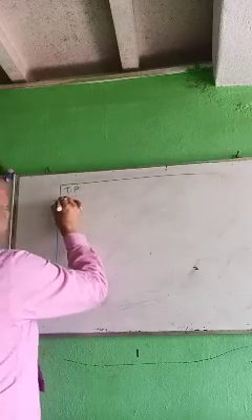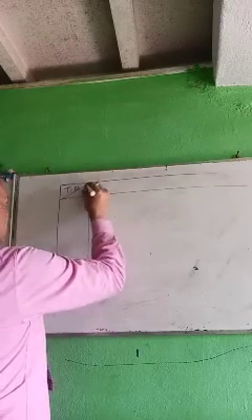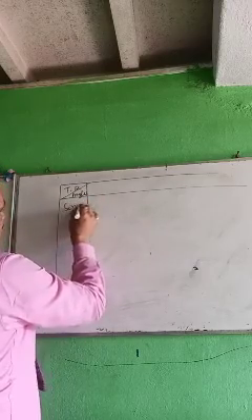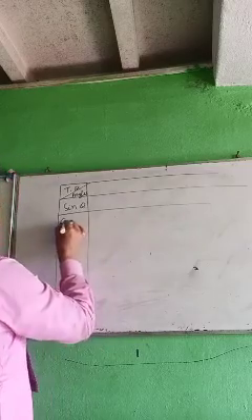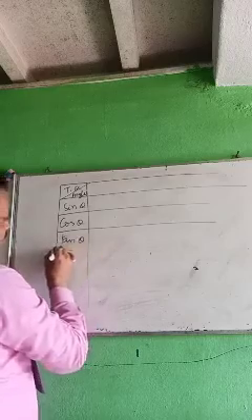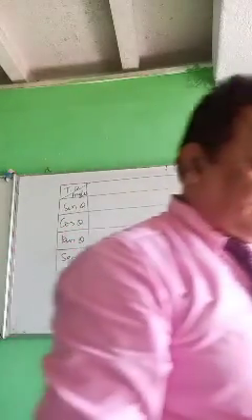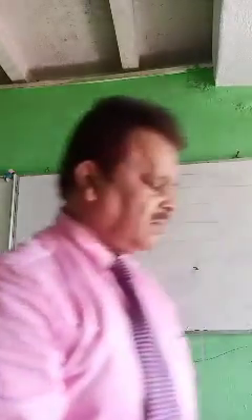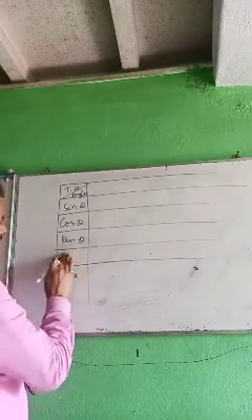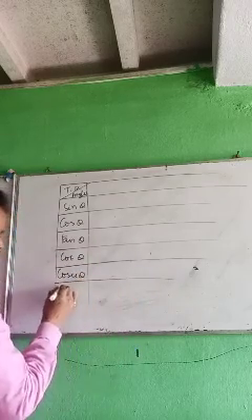Trigonometric ratio, angles. Trigonometric ratios mean sin theta, cos theta, tan theta, cot theta, cosec theta, sec theta.